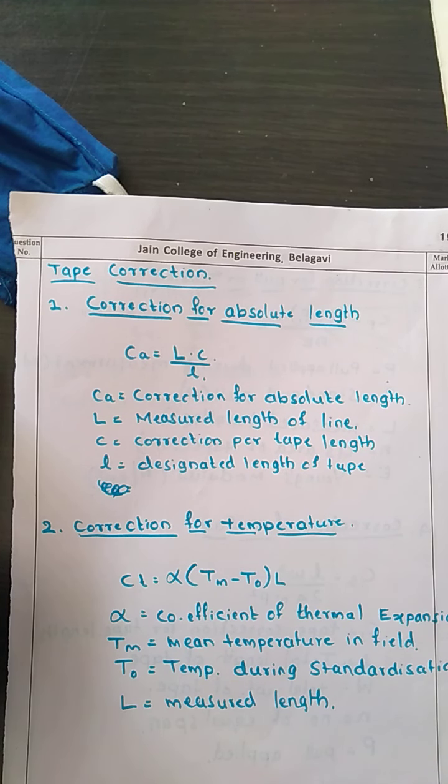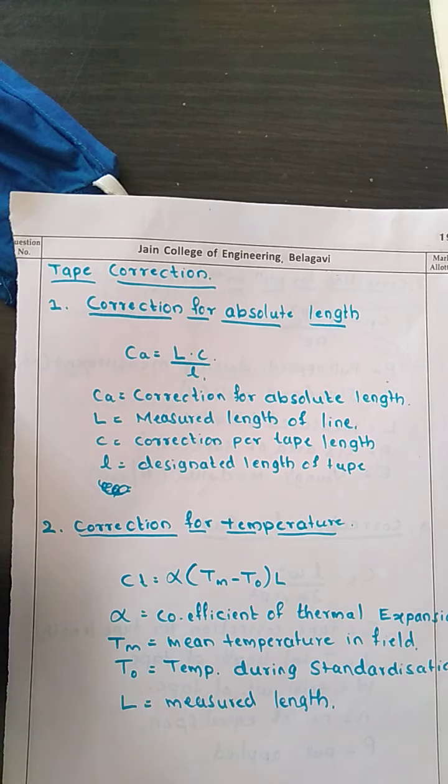If the actual length of the tape is greater than the designated length, the measured distance will be too short, and then the correction has to be applied. For this we need to apply a correction formula. We are going to solve the problem later, but we need to know these formulas before solving the problem.